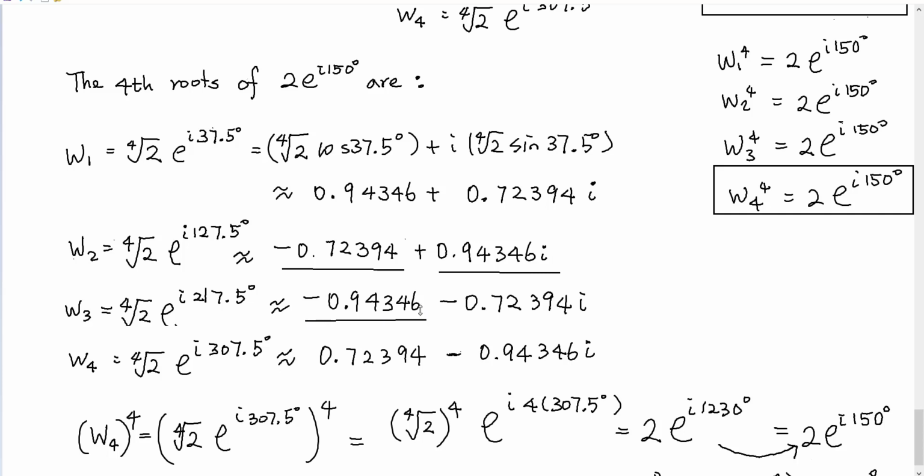Same here: the fourth root of 2 times cosine 217.5, and this one is the fourth root of 2 times sine 217.5. And this is the fourth root of 2 times cosine 307.5, and this one, with the negative included, is the fourth root of 2 times sine 307.5.